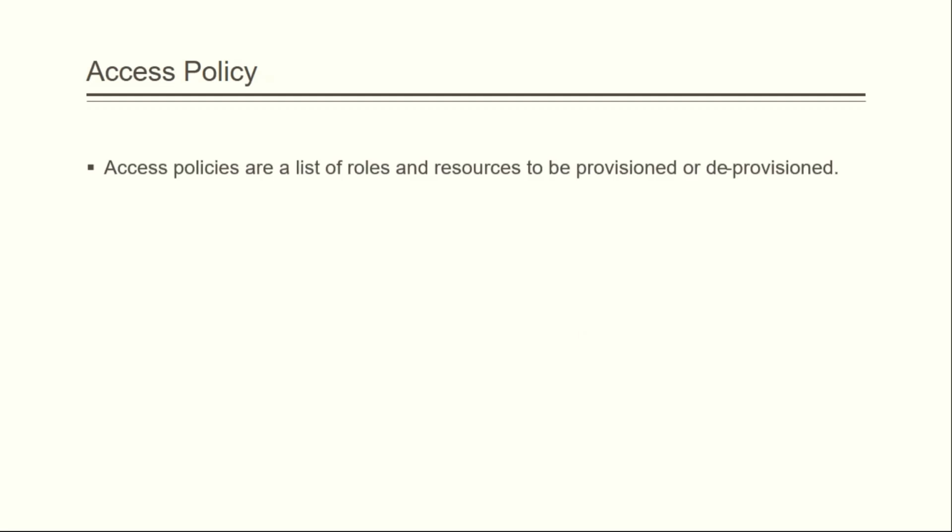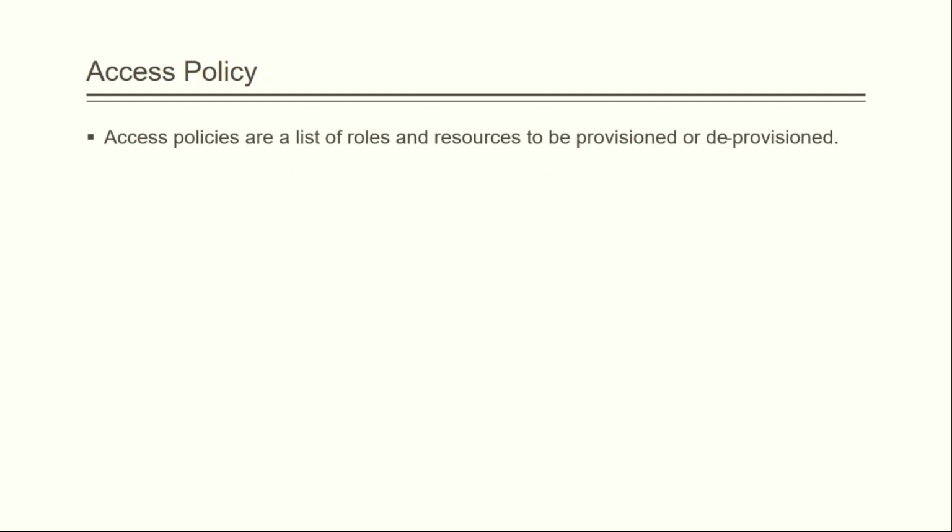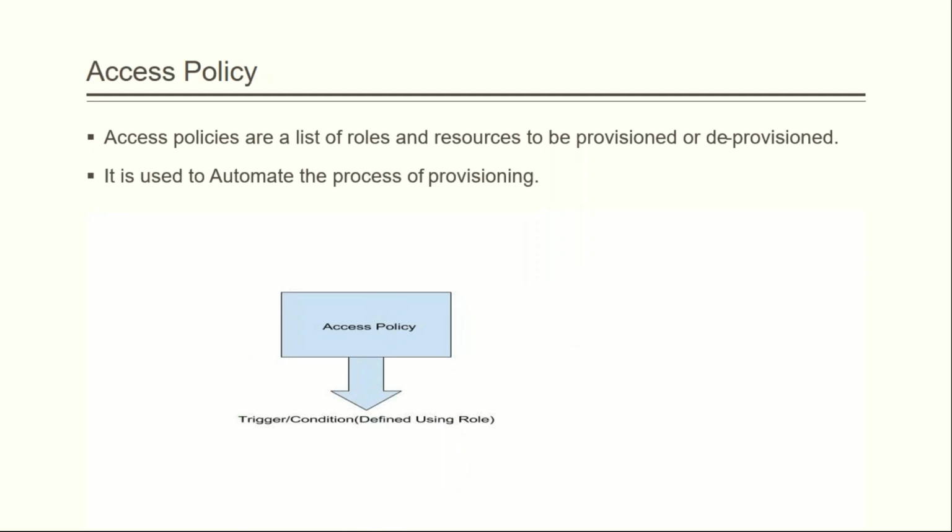Access policies are a list of roles and resources to be provisioned or deprovisioned. It is used to automate the process of provisioning. Let's say just now I have created a minimal privilege role, or default privileges role, inside OIM.